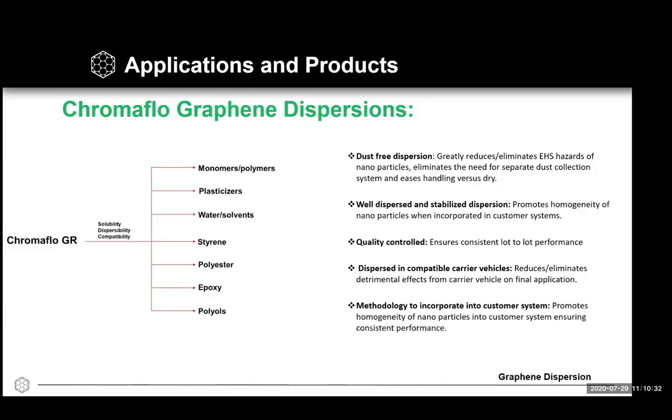For quality control, we make sure you get consistent performance, with no lot-to-lot variation. Our dispersion is also compatible with different kinds of resin systems and host materials, and we support customers by providing the methodology to incorporate these graphene dispersions into their system.